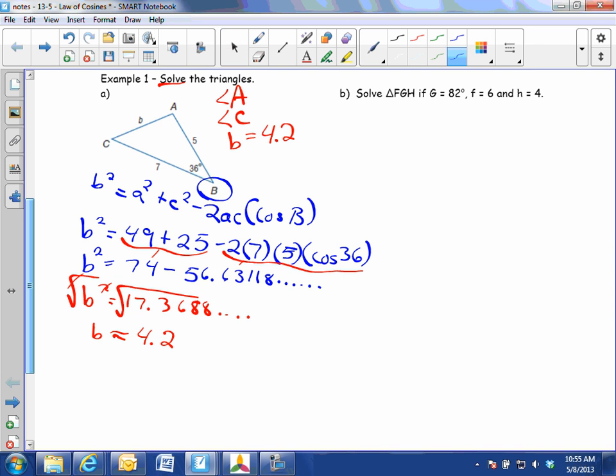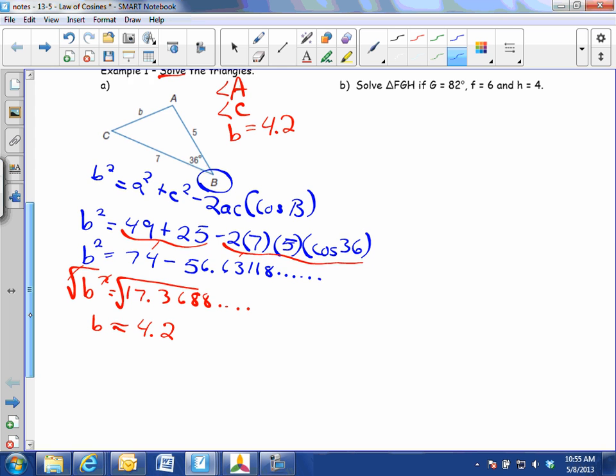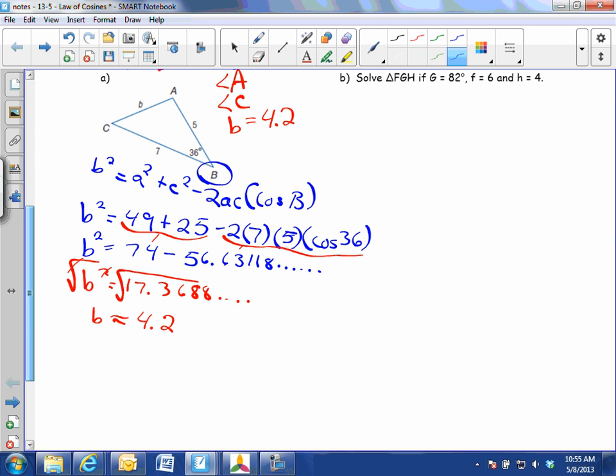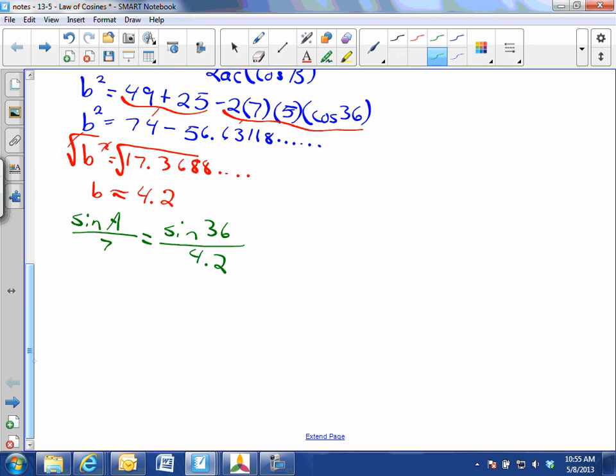Do you want to find angle A or angle C? It doesn't matter to me. Find A. How are we going to do that? We do sine A over 7 equals sine 36 over 4.2, and then we just do it like you did yesterday.